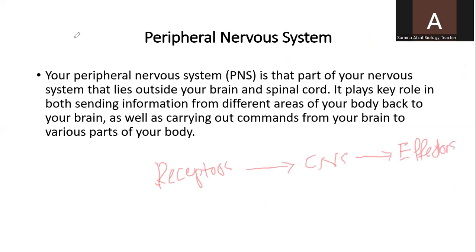So it means different types of nerves are involved to take the messages from receptors to the central nervous system and back towards the effectors to bring a response.